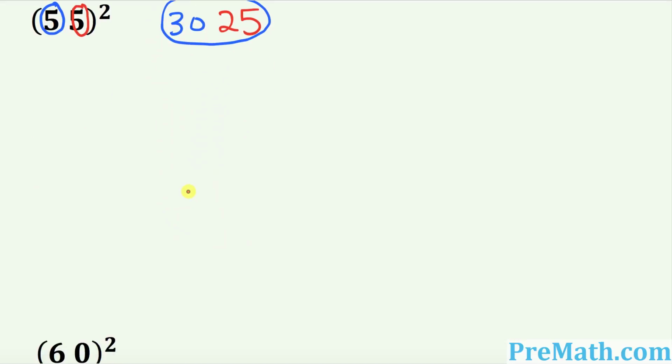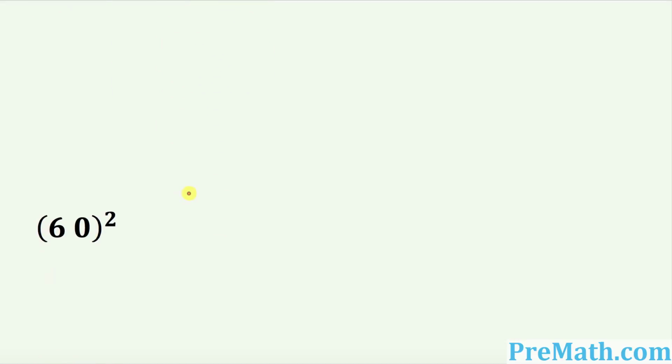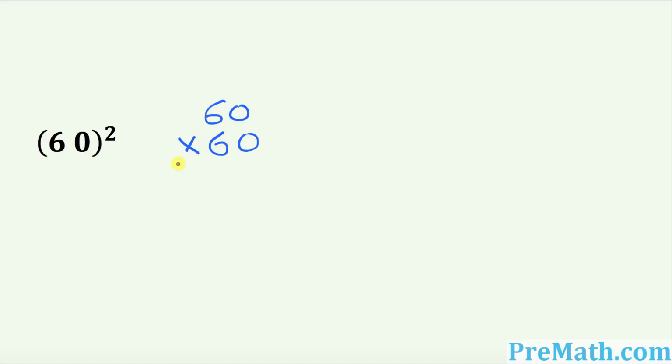And finally, let's take care of this super easy one, 60 squared. That means we're going to multiply 60 times 60. Now, how many zeros do we have on the right hand side? We have two zeros. I want you to put them away somewhere.